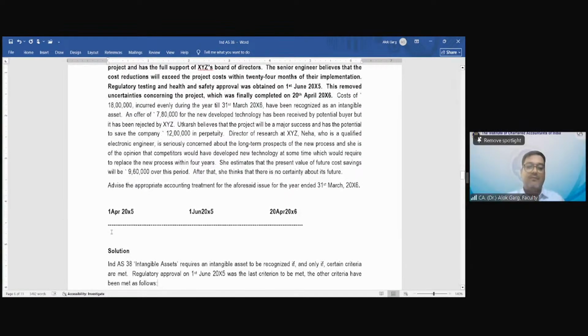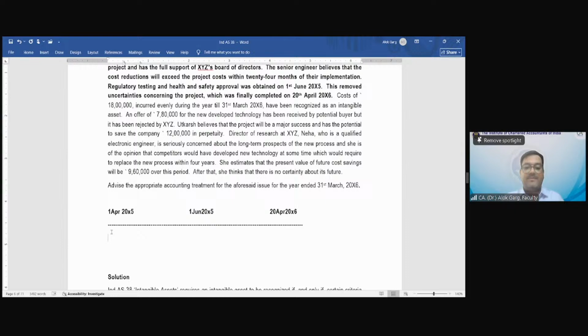This is the date when the expense on the project started. This is the date when the development phase starts. Yes or no? Yes.